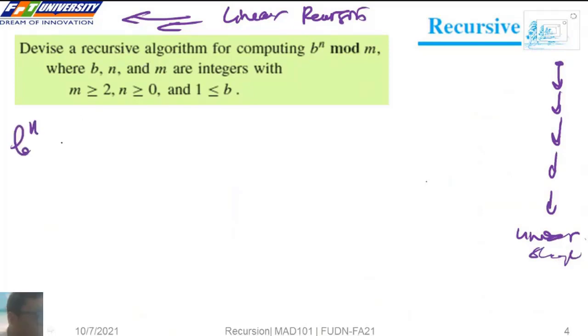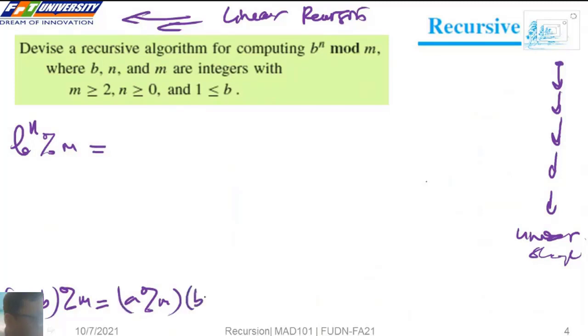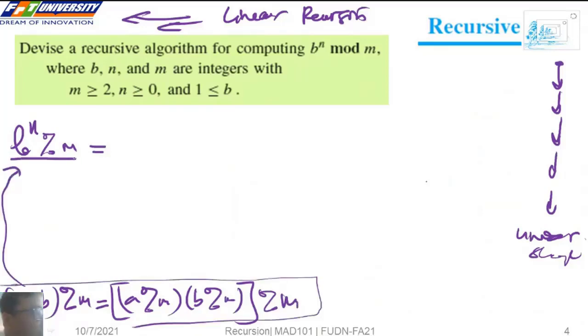To compute the modular exponent, do you remember: A times B modulo M is A modulo M, and then we multiply B modulo M, and in the last we take modulo M. We apply the theorem to compute the modular exponent here.